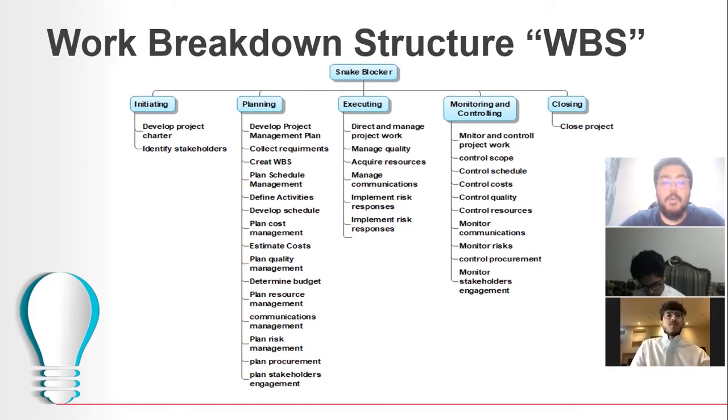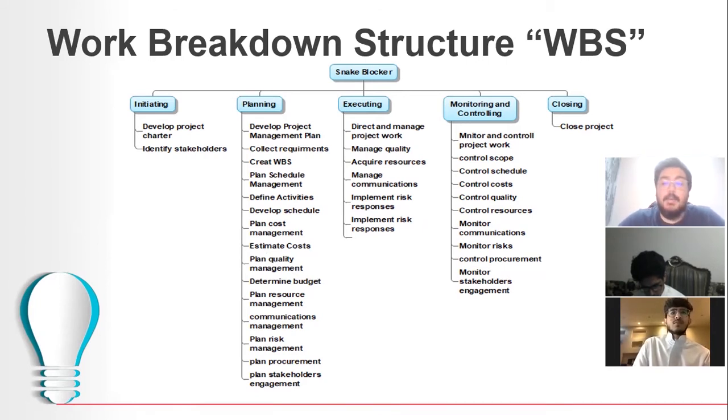Because when you work with small parts, it's going to be easier. And before we go to the WBS for our project, I want to talk about the input for the WBS and the tools and the output for this part.